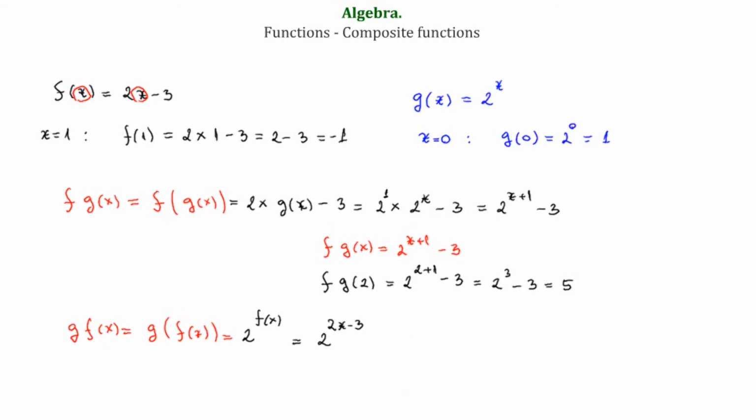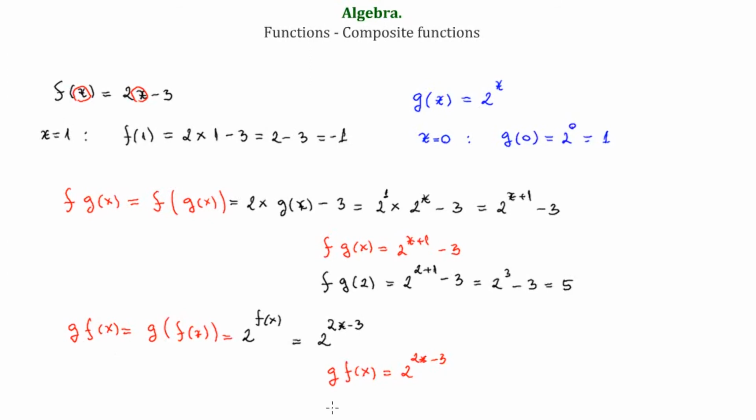Therefore, we can say that our composite function g of f of x is equal to 2 to the power of 2x minus 3, which is not exactly the same as 2 to the power of x plus 1, minus 3. Should we try for a numerical value here also?